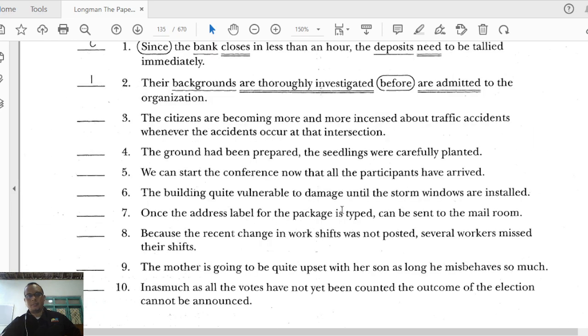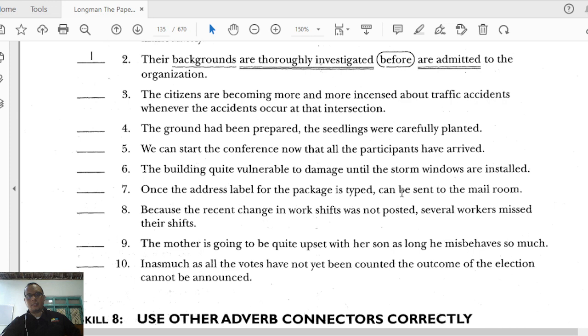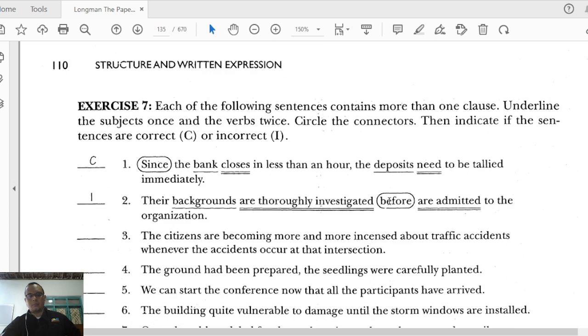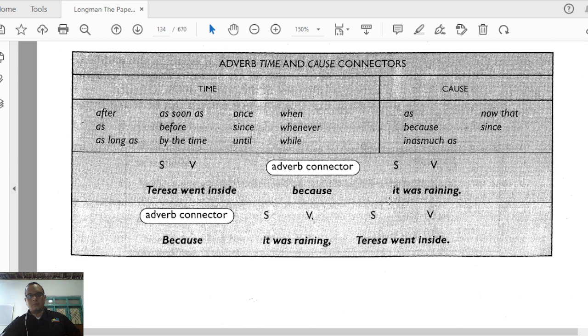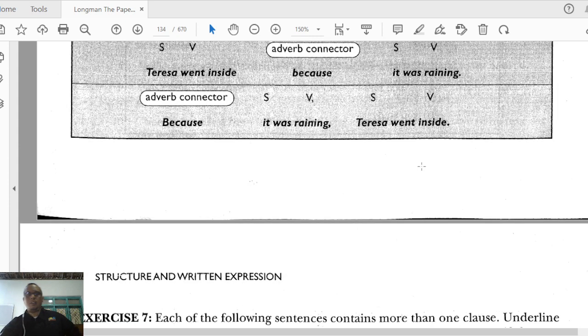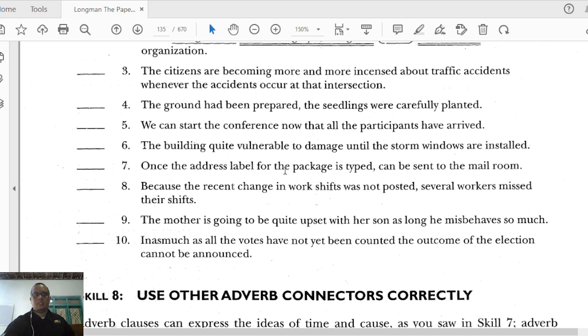Therefore can be sent to the mailroom, ada nggak therefore.